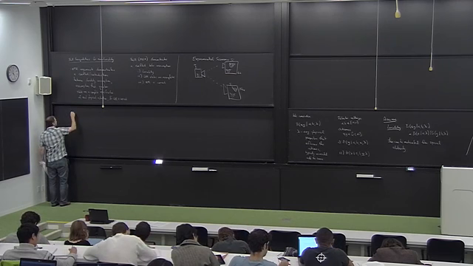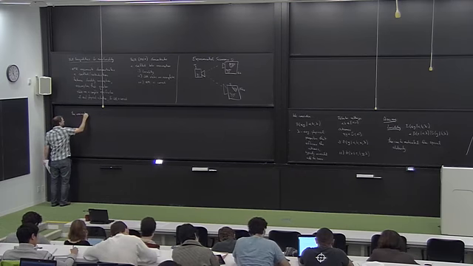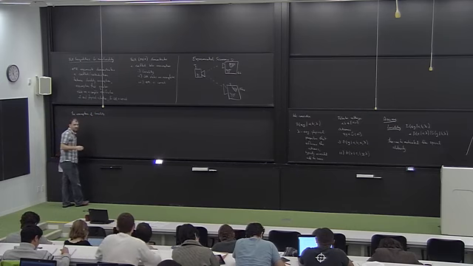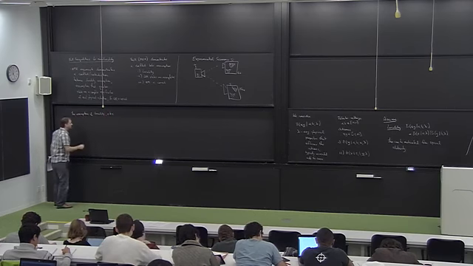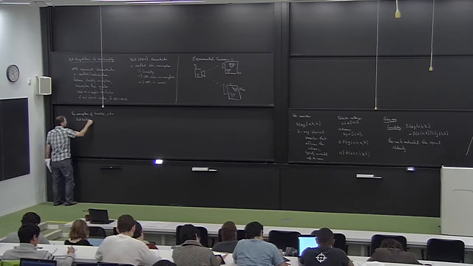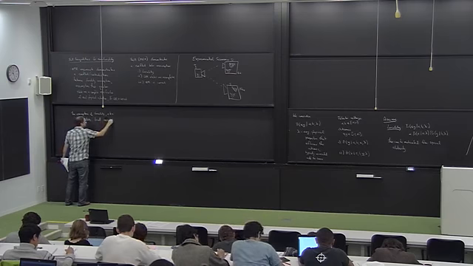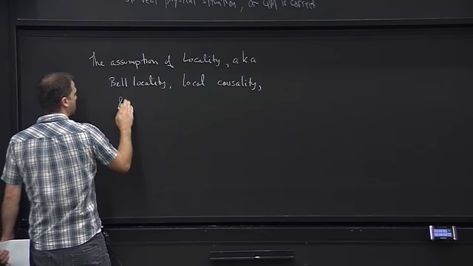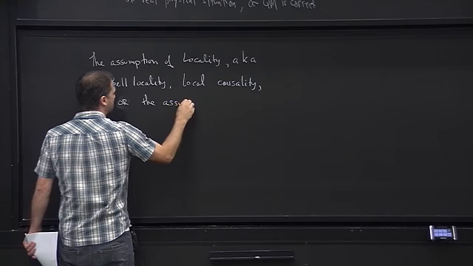So we can break down the assumption of locality, which goes by several names. It's also known as Bell locality, local causality, and/or the assumption of local hidden variables.